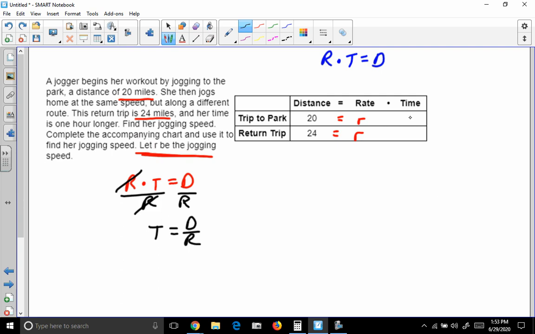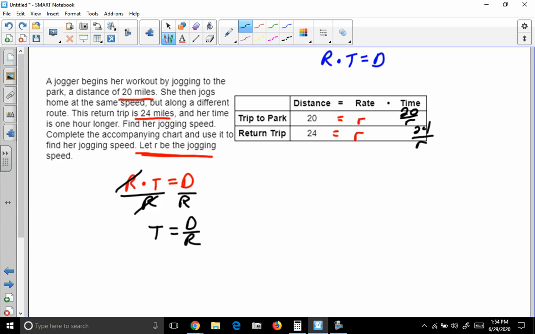To get this time, we take the distance here divided by R, the rate. To get this time, we do this distance divided by that rate. So this is an expression for how long it takes her to jog to the park, and this is an expression for how long it takes her to come back.